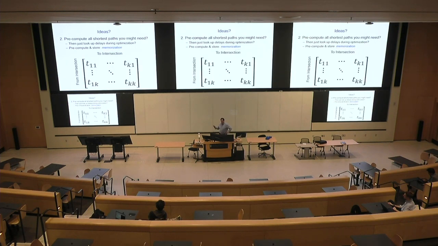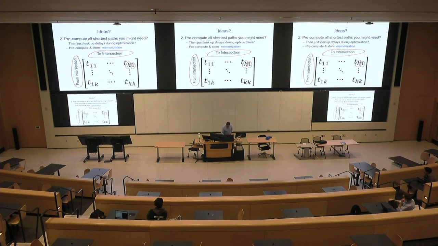Let's say we have some way to fill this in, but a reasonable way to store this data is essentially a matrix. We can store it in a matrix, we can store it in a hash table, there's a few ways to store it, but the idea is I have some from intersection going to some to intersection, and I could store, well, what is the travel time from interesting intersection 1 to, let's say, interesting intersection K. This entry in my matrix will give me that number.